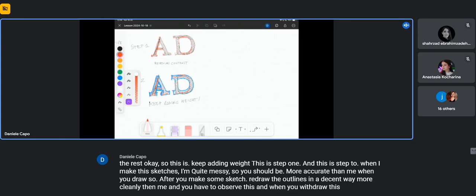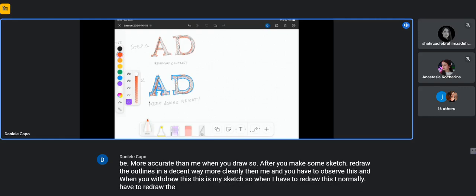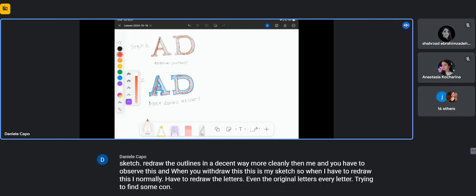When you redraw this, this is my sketch. So when I have to redraw this, I normally have to redraw the letters, even the original letters, every letter, trying to find some constant.